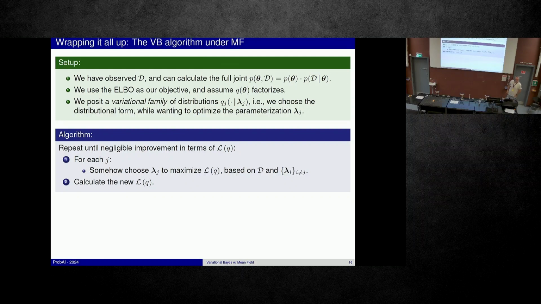So the setup, if we wrap it all up: our starting point was that we have some data, we are able to calculate a joint, and we wanted to approximate the posterior. Then we chose Kullback-Leibler, leading us to the ELBO as our objective. Now we are going to posit a variational family of distributions for each marginal.